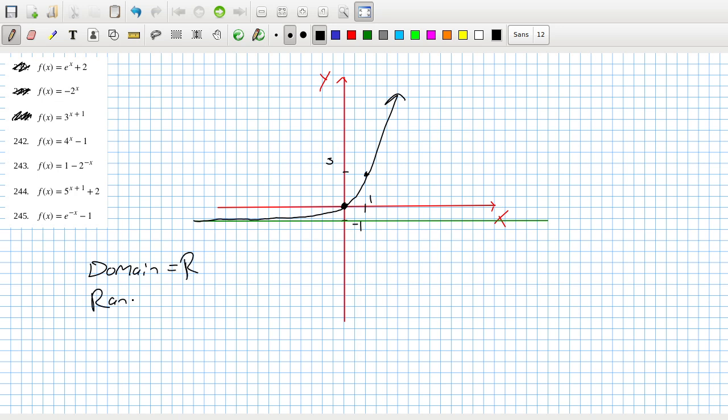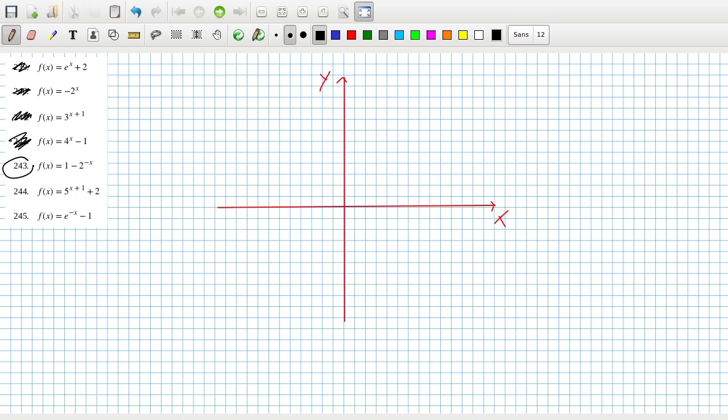The range is -1 to infinity, and the asymptote is at -1. Okay, so that's that one done. Okay, I should try to be a bit more careful. Okay, so 243 now.